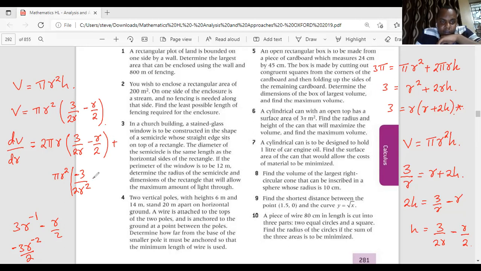Second one, we could write that as r. Yeah, just 1 over 2r. So it would just be 1 over 2. And so this is the derivative, right? Right. And this is the thing we are going to equate to 0 and find the value of r.